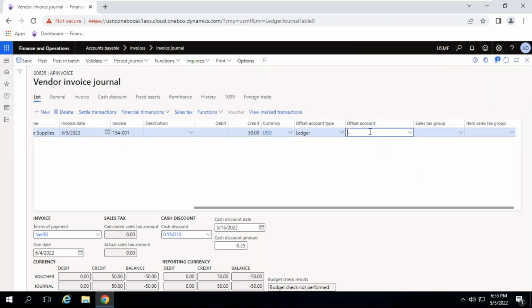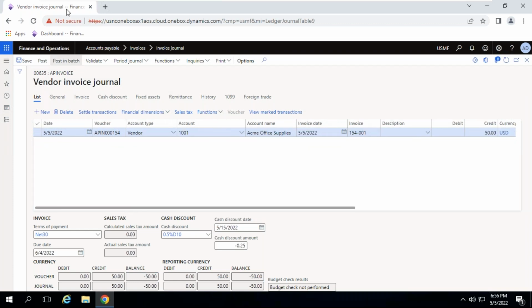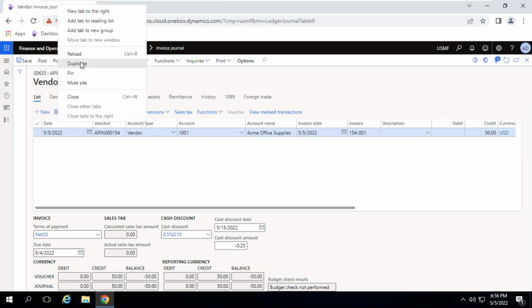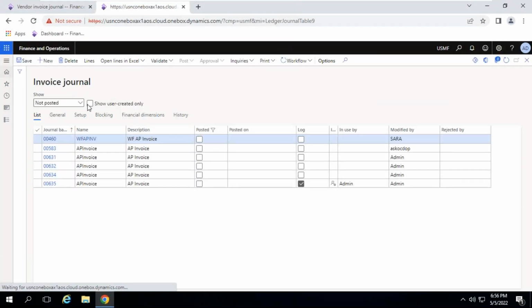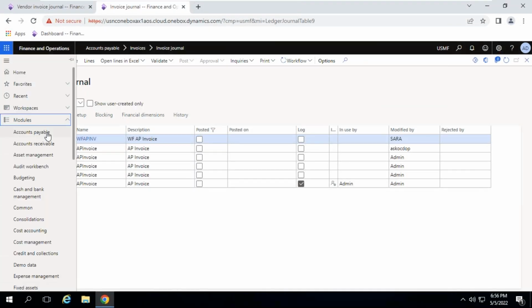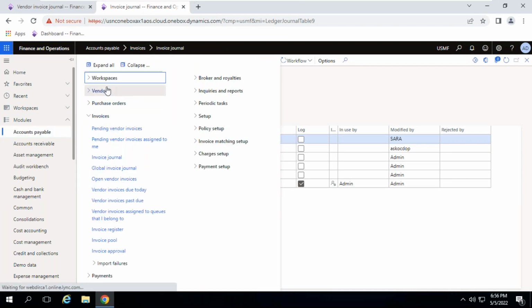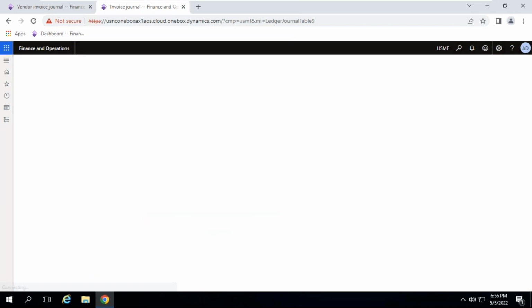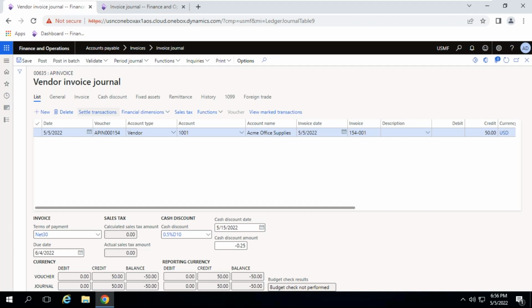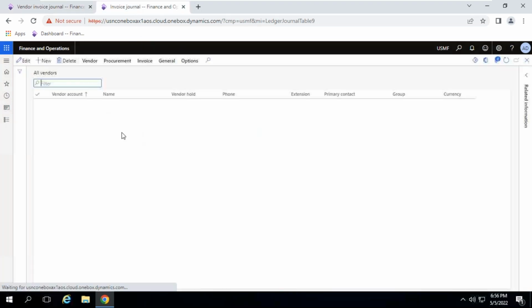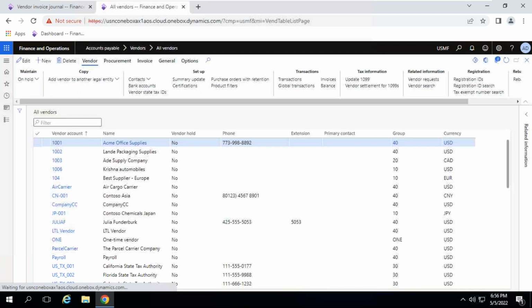This expense account along with the business unit, how is it automatically calculated, 001? For that, I will show you. If you go to the vendor account, one by one setups, those setups are vendor accounts. The vendor account number is 1001.